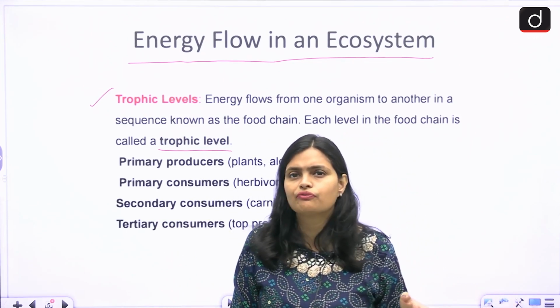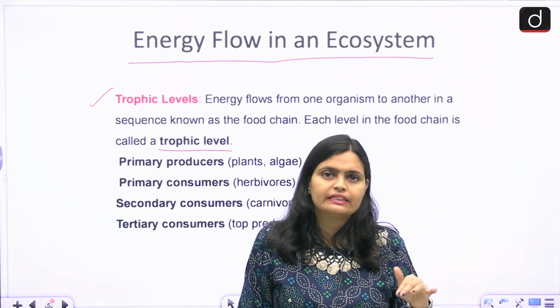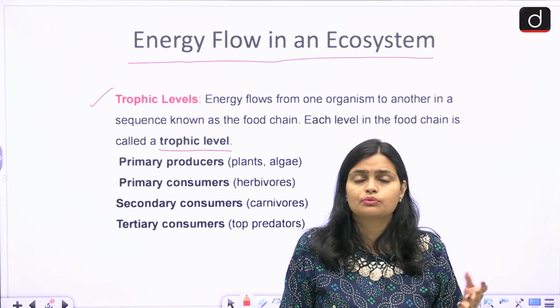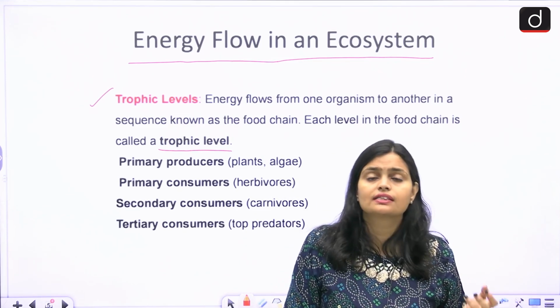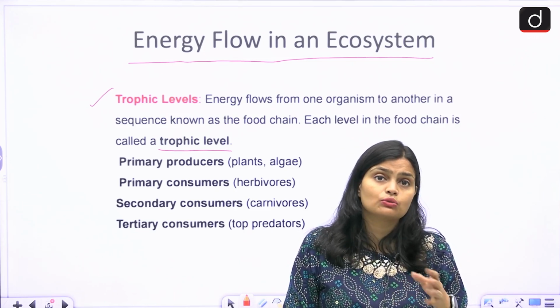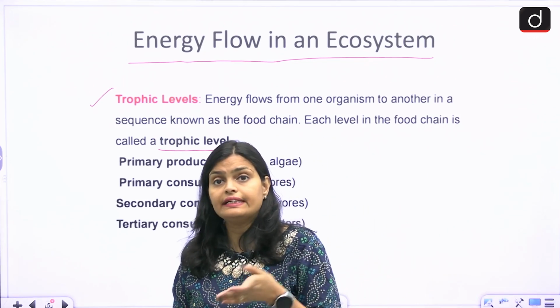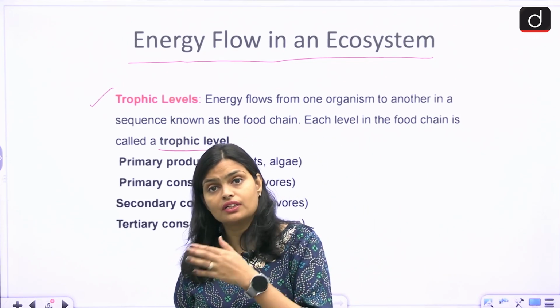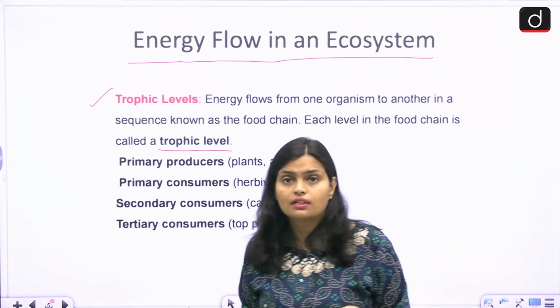Suppose a grasshopper eats grass, a mouse eats the grasshopper, a snake eats the mouse, and an eagle eats the snake. This is a food chain, where one is dependent on another.